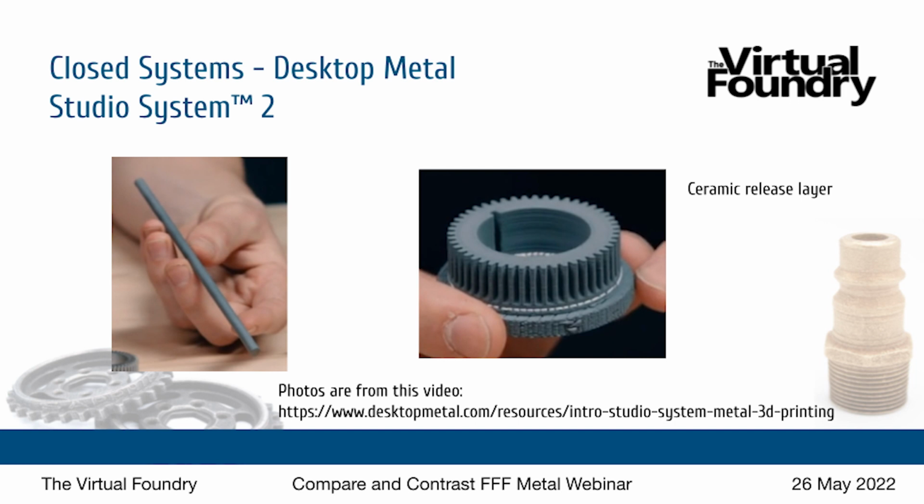So if it's 17-4 stainless, for example, the support will be 17-4, but they insert a thin layer of ceramic between the part and the supports so that it's easier to break off after the sintering process. You can see in that picture on the right, there's that gray metal and that white part there. That is the ceramic release layer. So post sinter, you will be able to break the support material off of your part because of that layer.